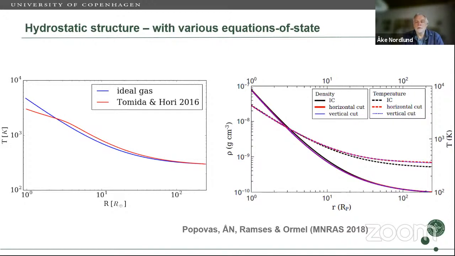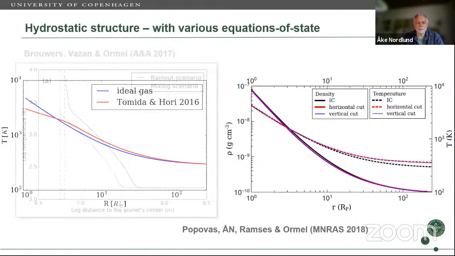And moreover, from the motion pattern we can see that gas is exchanged. This is called recycling in this business, and that tends to maintain the entropy of the gas constant. So we can easily integrate the pressure equilibrium, assuming constant entropy, and we get something like this, either for an ideal gas or for a better equation of state.